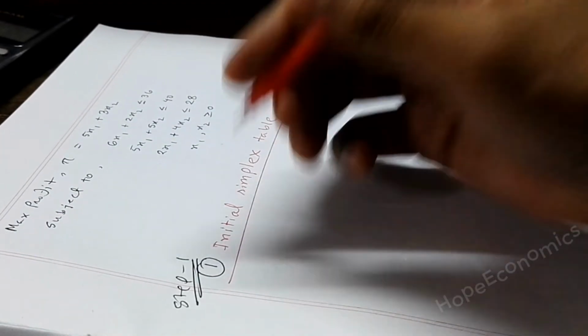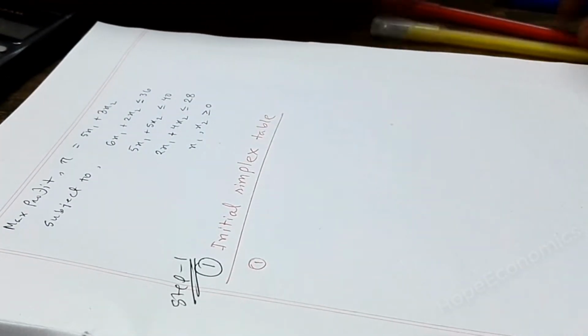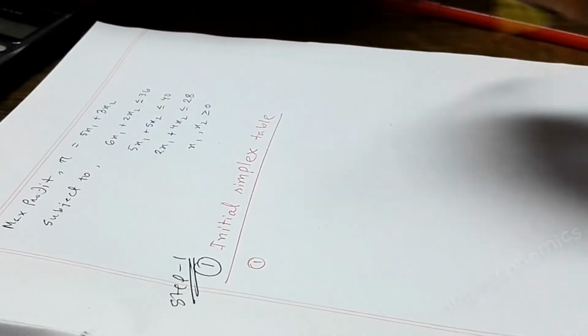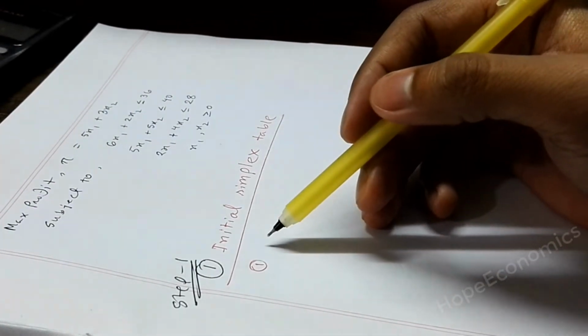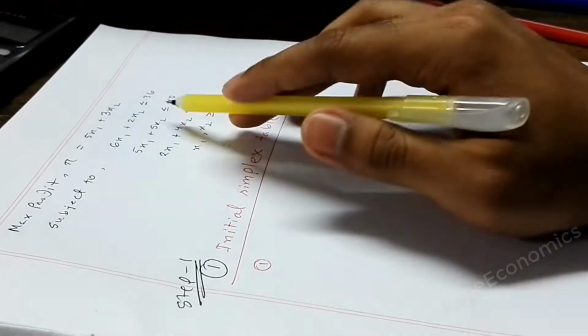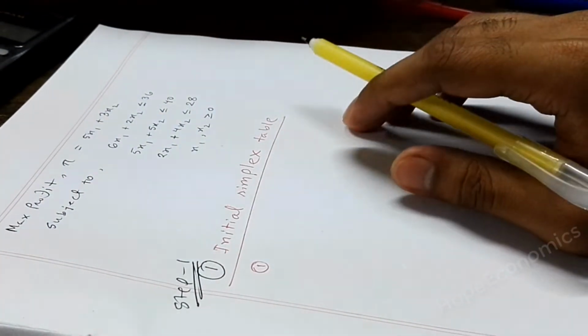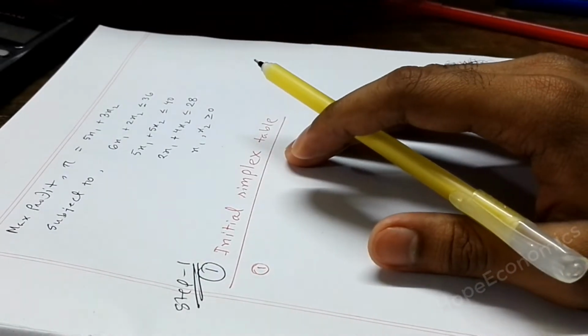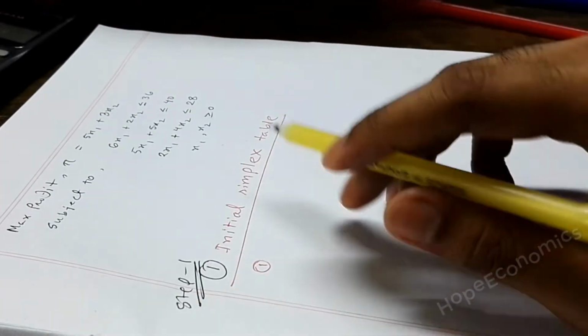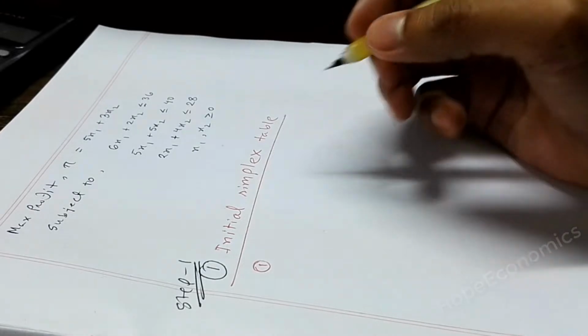Before forming the initial table in step 1, the first thing we have to do is convert these inequalities into equations. How are we going to do this? We already said that we have to add slack variables.